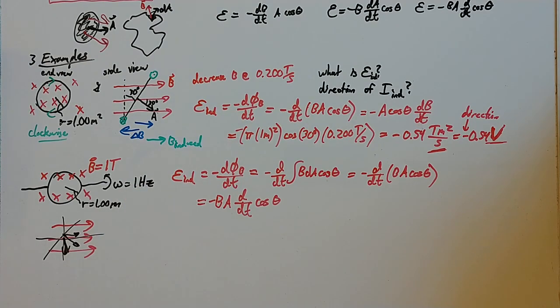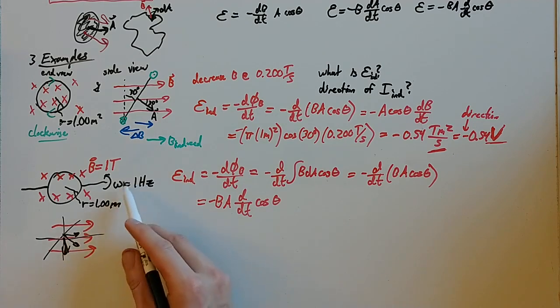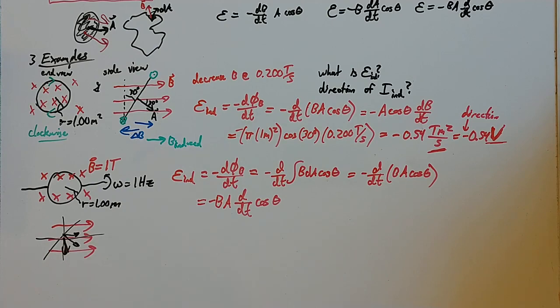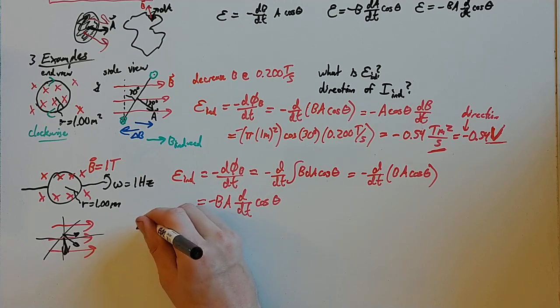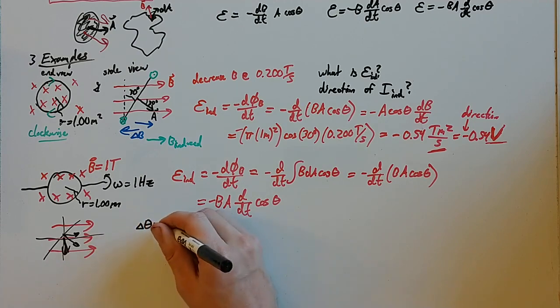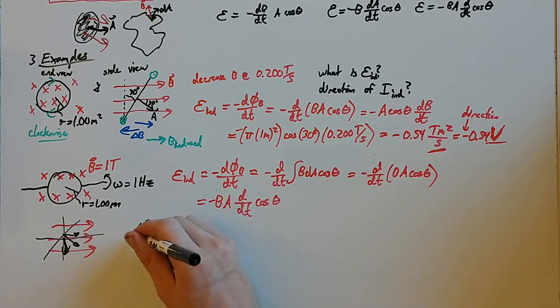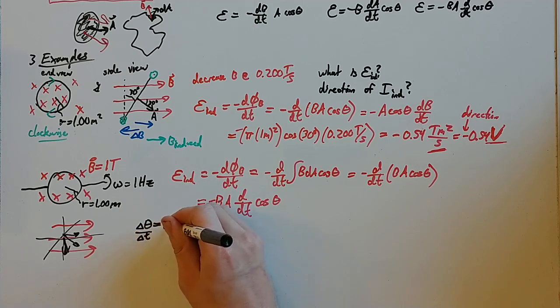Now we have to harken back briefly to a little bit of Physics 141 and remember the relationship between angles and angular frequency. You might recall that delta theta over delta time is omega.